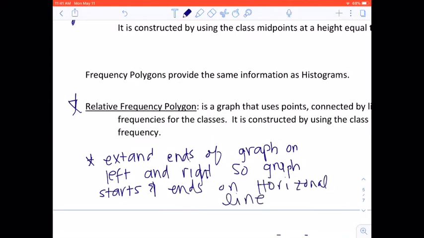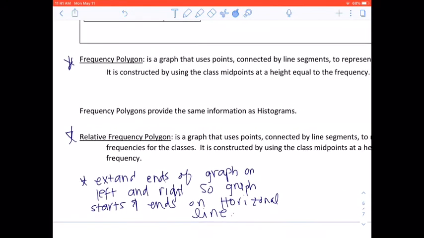And this is for any polygon. So that means that this note is going to go to both relative frequency polygons and to frequency polygons. So for both of these. So just so we are aware of that.